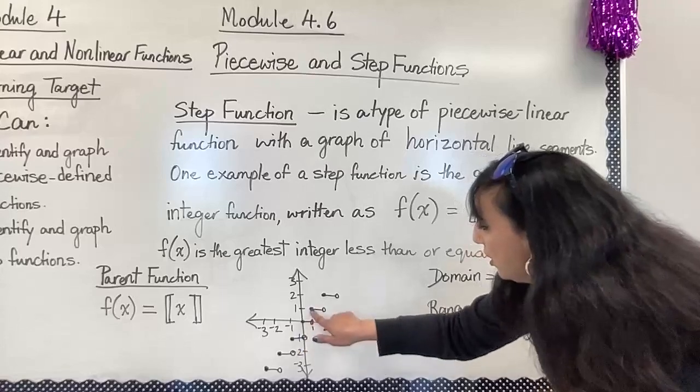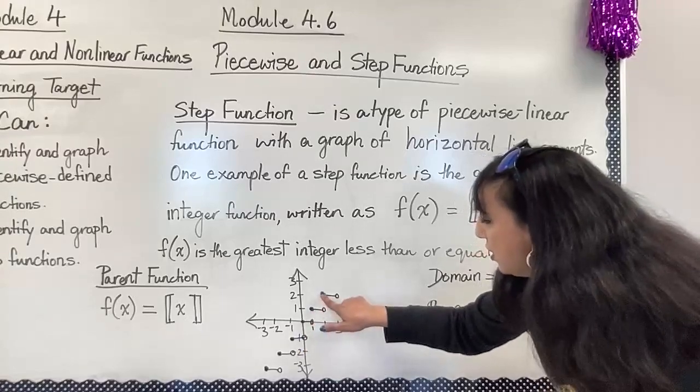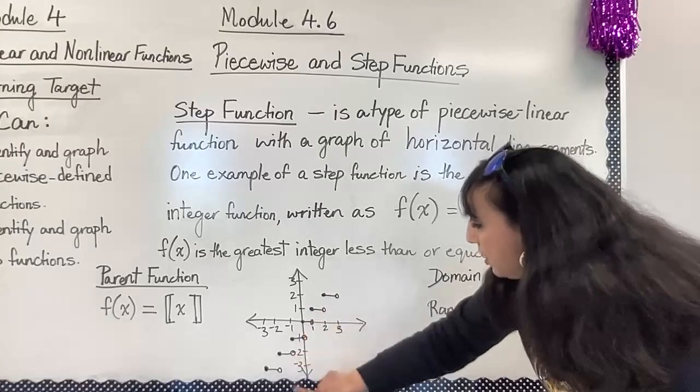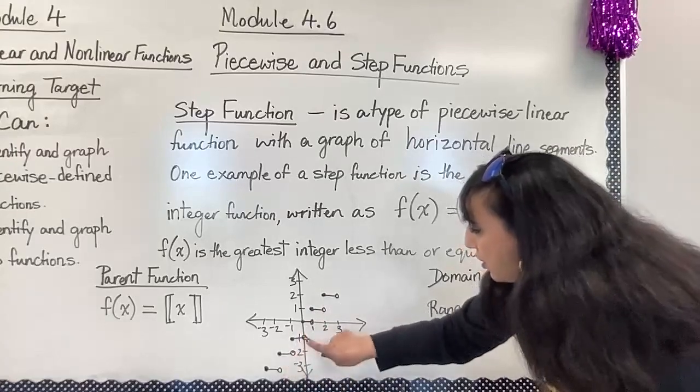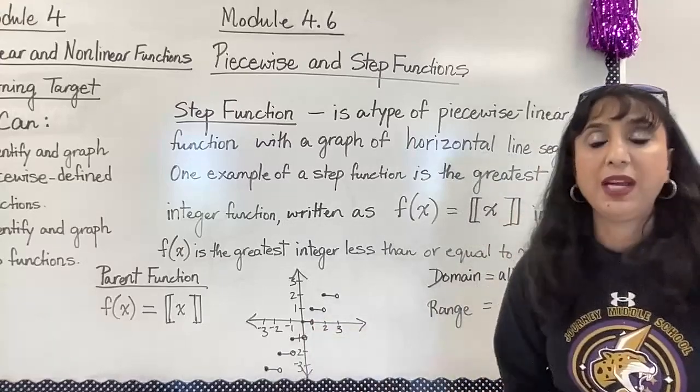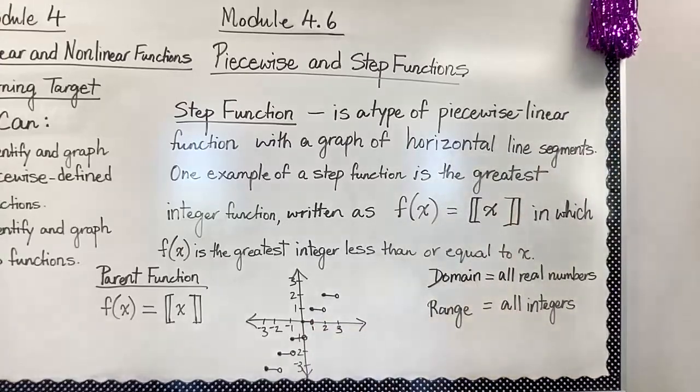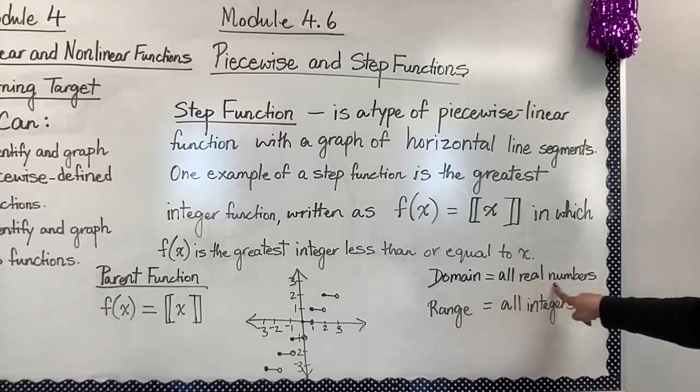Look, this is the circle, this is the dot; circle, dot; circle, dot. That's what we mean. Because the dots and circles overlap, the domain is all real numbers.